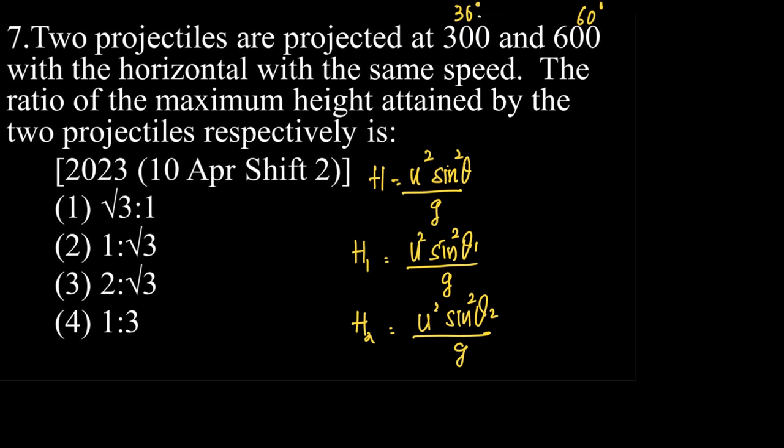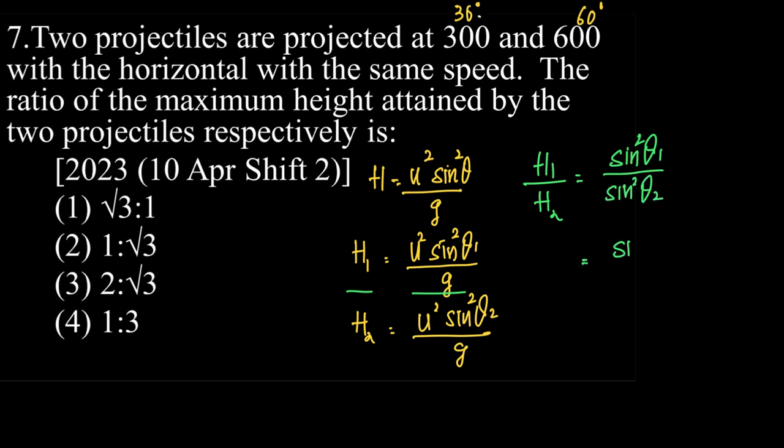Now when you divide these two equations, what you get is h1 upon h2 is equal to sine square theta 1 upon sine square theta 2.